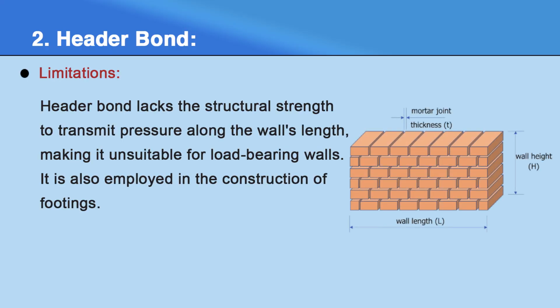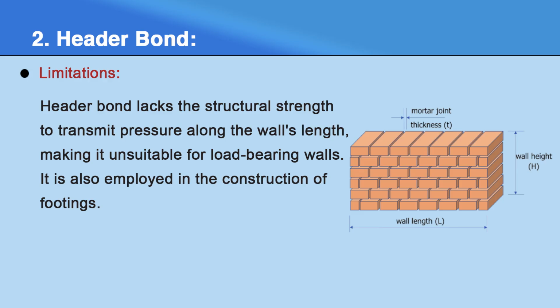Limitations: the header bond does not provide sufficient mechanical interlock or tie, that is the gripping between the bricks, to ensure the necessary structural stability for load bearing walls.